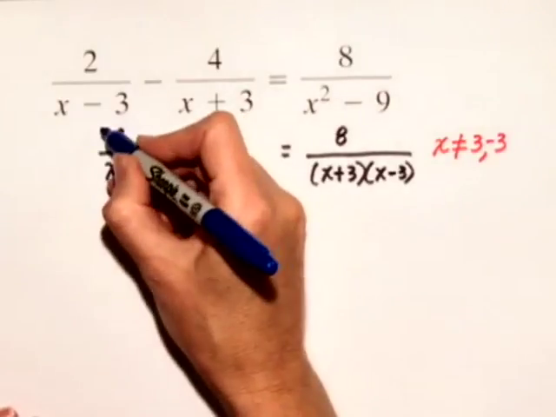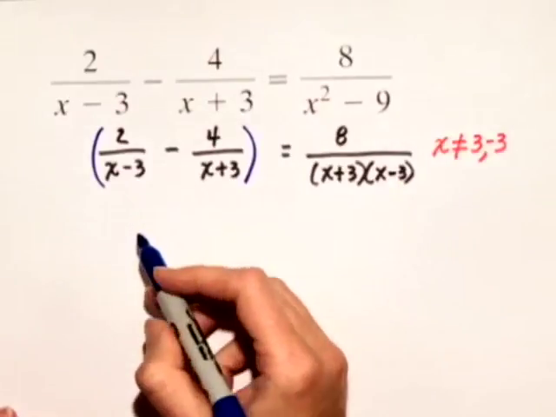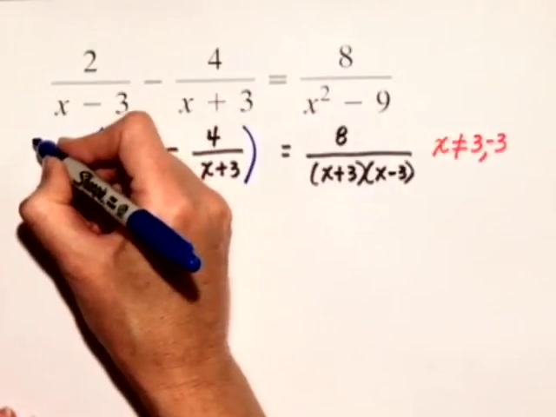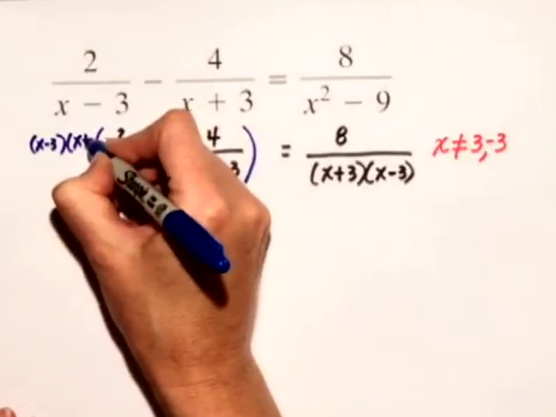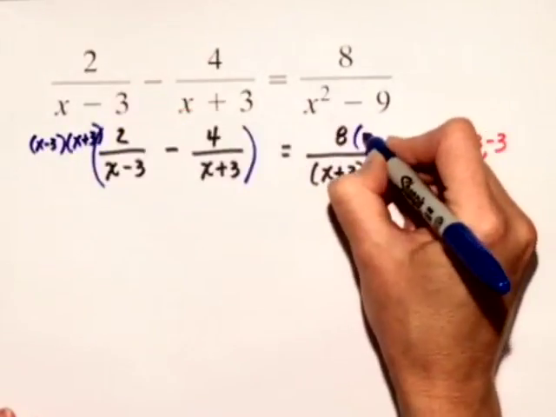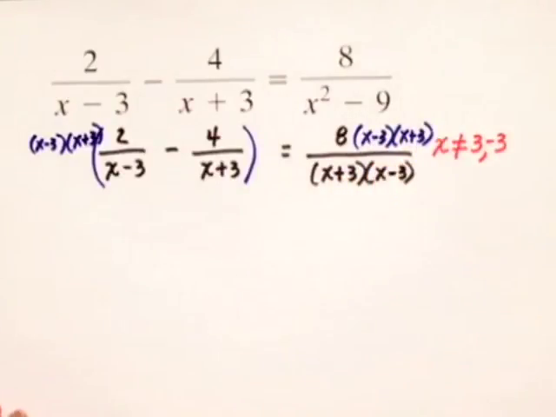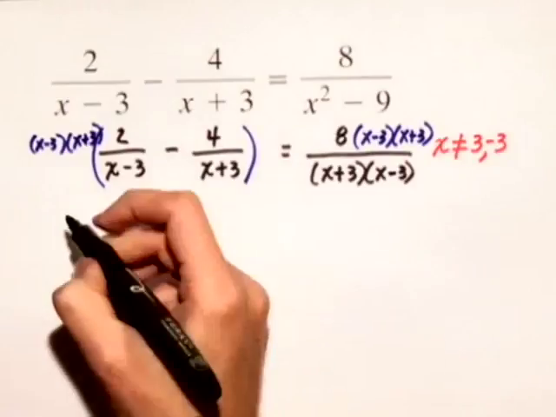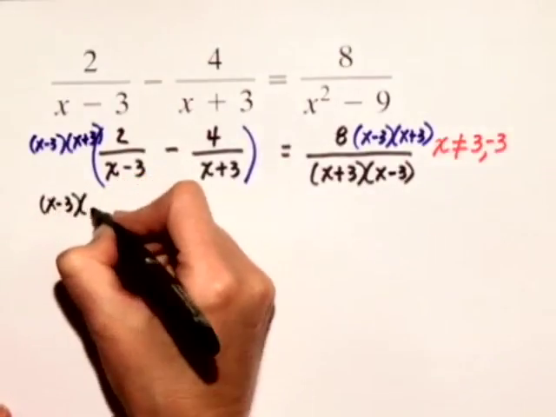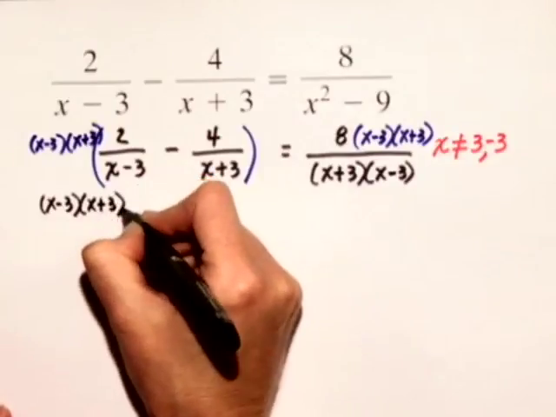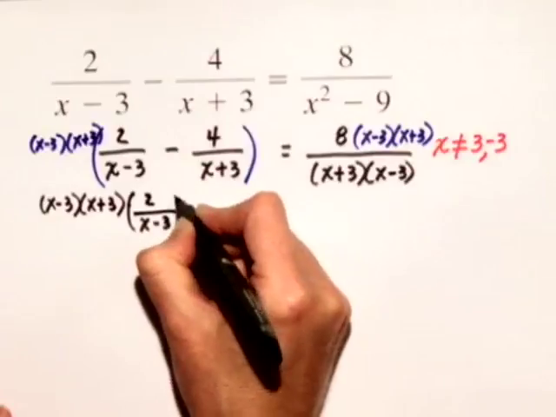So we're going to multiply both sides of this equation through by the quantity x minus 3 times x plus 3 on both sides. When we do that, we're going to have x minus 3 times x plus 3 times 2 over x minus 3.